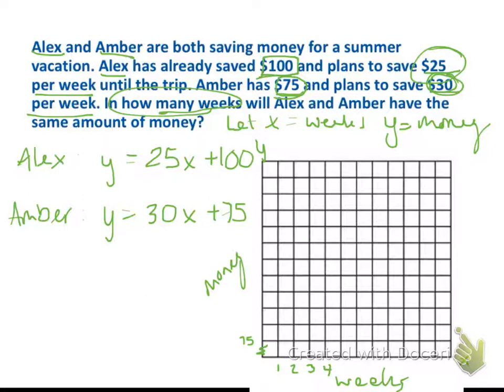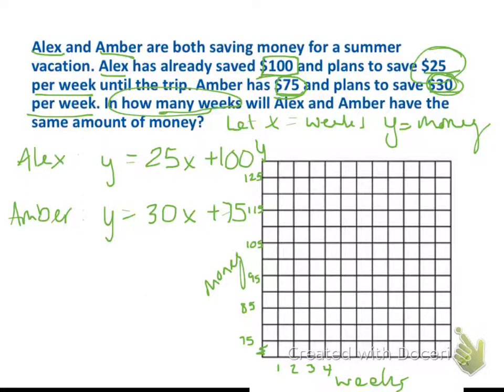Well, I'm looking at my slopes, and I've got one slope of 25, and I've got one slope of 30. I wonder what would happen if I go up by 5s. 75, 80, 85, 90. I wonder if I'll be able to fit it all in there and be able to see where those two lines cross. We'll see. Probably not, but we can always extend it and make it bigger.